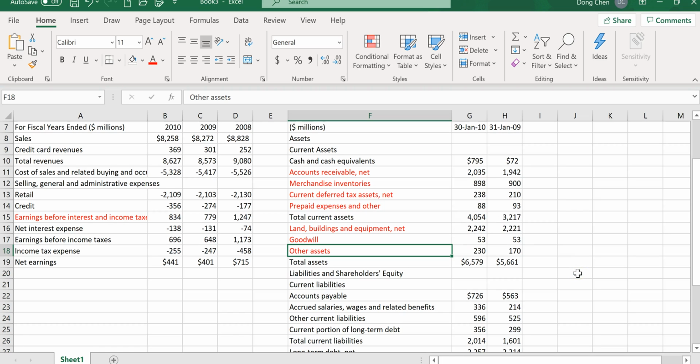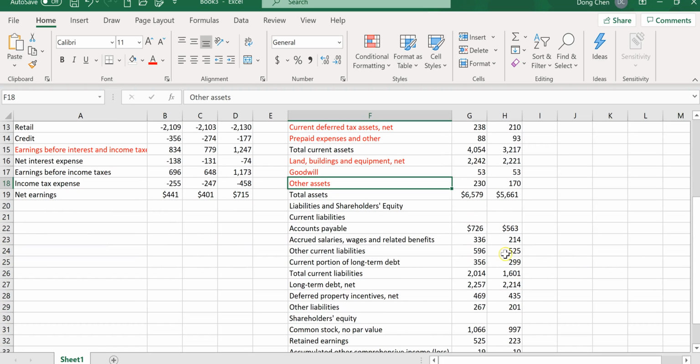So that's the asset side of the operating assets, and then operating liabilities. Operating liabilities just mean those liabilities which are not financing related. By financing, we mean borrowing from a bank, such as current debt, the current portion of the long-term debt, or the long-term debt. Those are excluded.